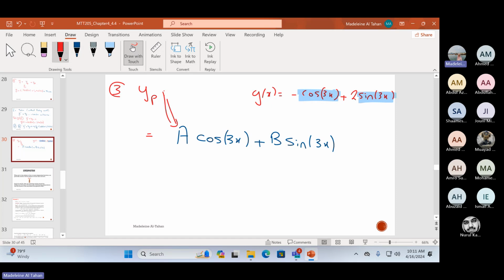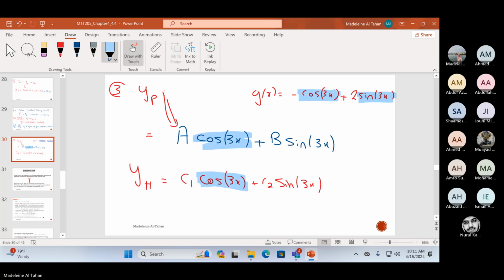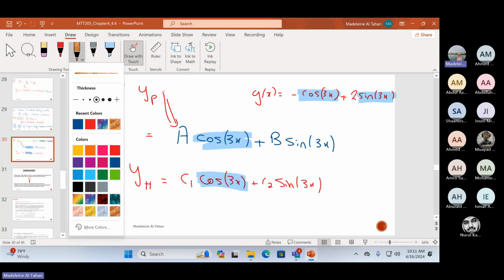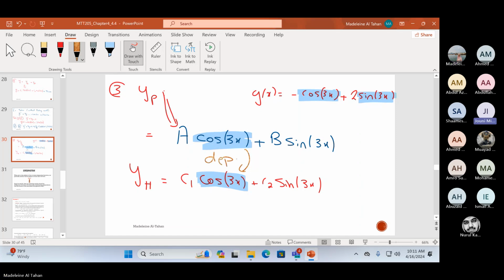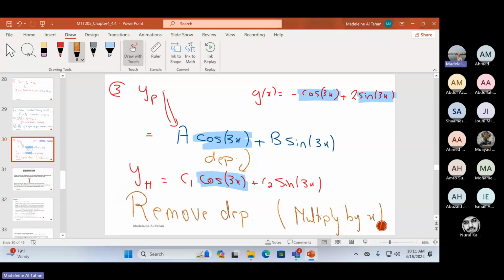Now write again your YH. What's your YH? C1 cosine 3x plus C2 sine 3x. What do we have here? Do we have the same or not? Same, so dependent. So what can we say about this one? If dependent, you need to multiply by x, as we did in the previous one.